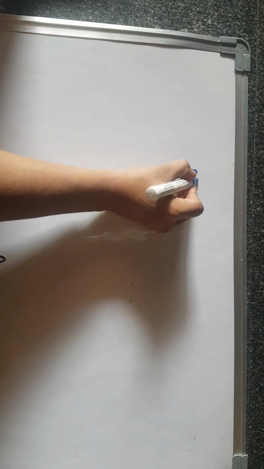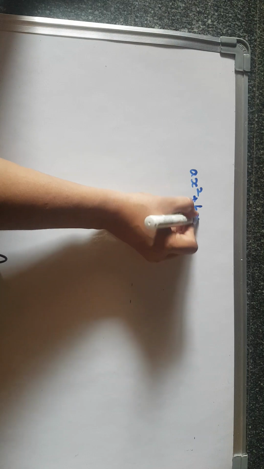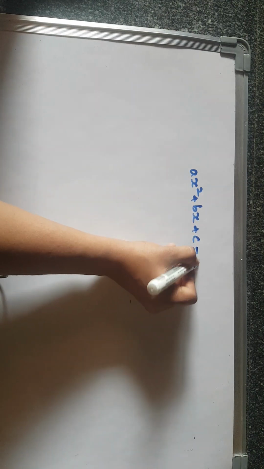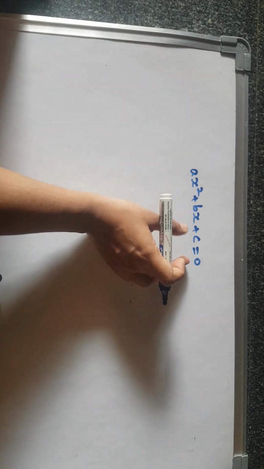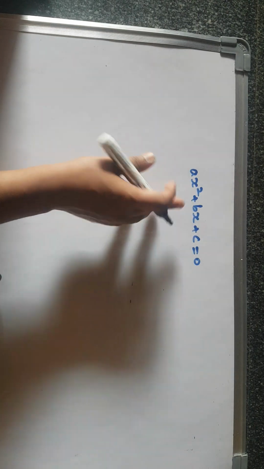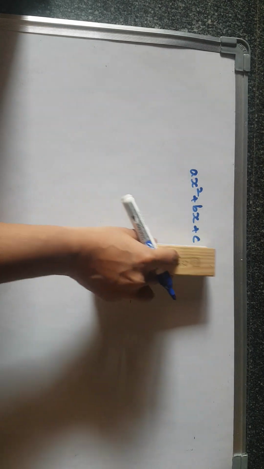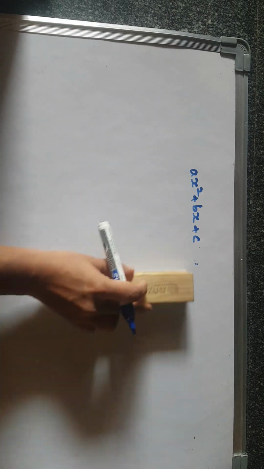Now if there is ax square plus bx plus c equals 0, this is a quadratic polynomial. When this is equal to 0 it is an equation, when it is not equal to 0 it is a polynomial. Take the quadratic polynomial only.